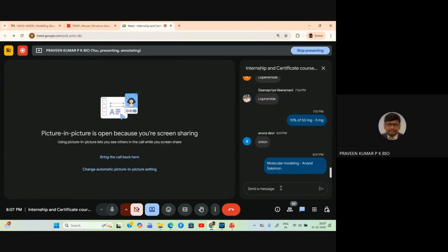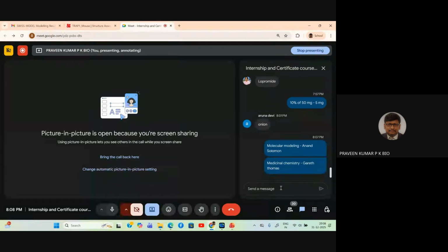This is a very small, thin book, but Anand Solomon has written it well. If you want to follow textbooks, I suggest this or Medicinal Chemistry by Gareth Thomas. In your library, you can find these books, because a chemistry division definitely will be there. If you focus on these books, they can give you much knowledge.